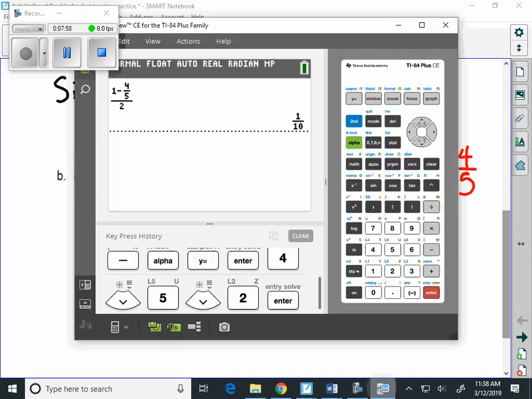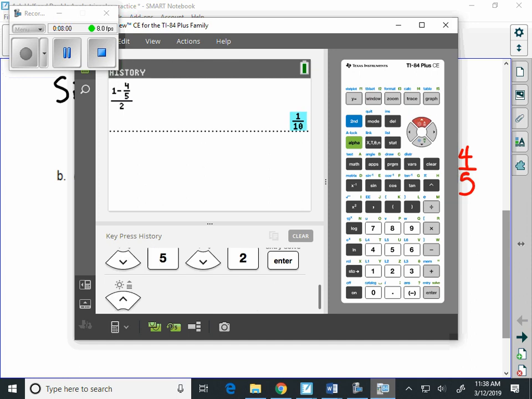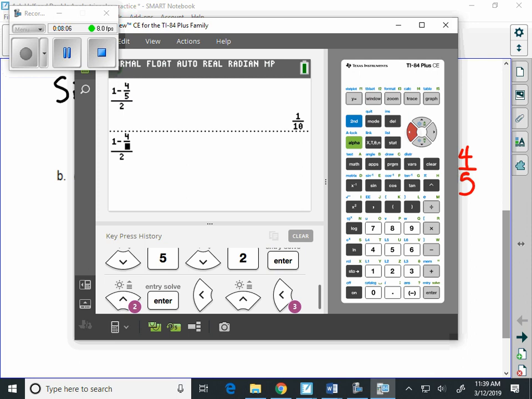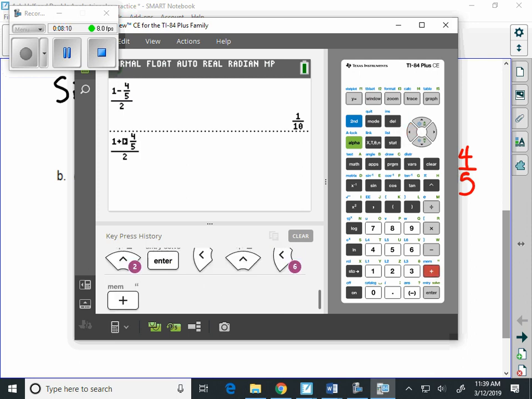And we can go over to our calculator and we can type that value in. One plus 4 fifths divided by 2. And when I press enter, we get 9 tenths.